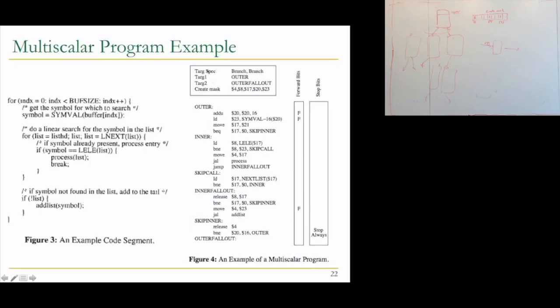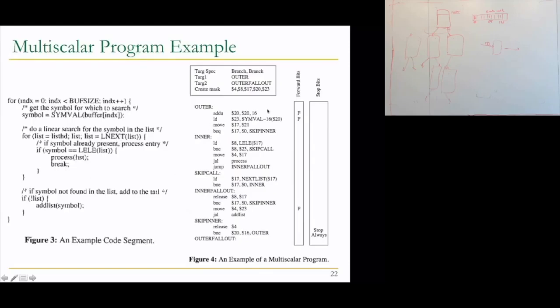It could be the loop, which goes back to the same iteration, or it could be the fallout, which means you get out of the loop. So the task is either you get out or you continue the loop iteration that does the search for the symbol.